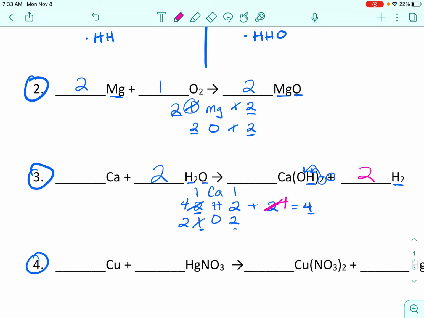So that would make this a 4, and I didn't multiply the whole thing by 2. I just multiplied part of it by 2. And that would change this to 2 plus 4, which would now be 6. So I like to keep them separate just because that way I don't make a mistake when I'm doing my math down below. Okay, so you can erase all that stuff.